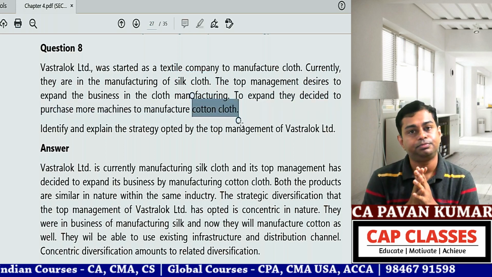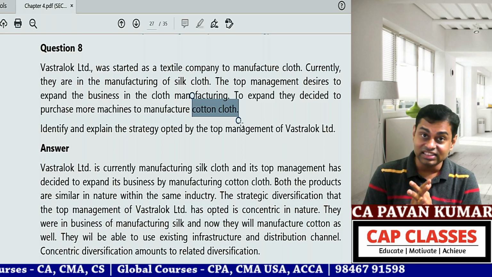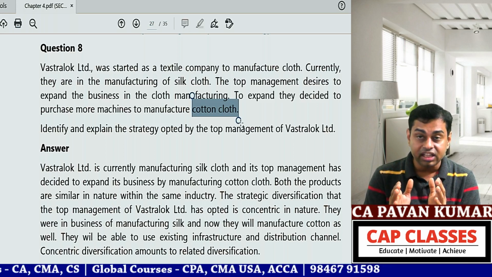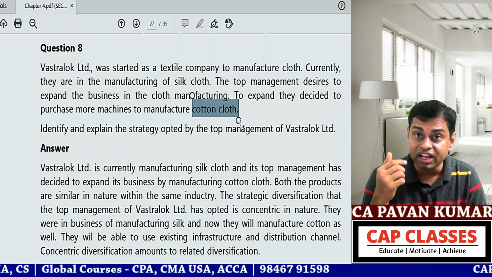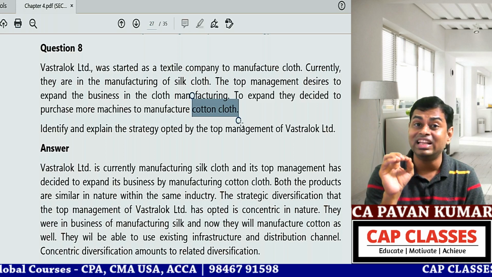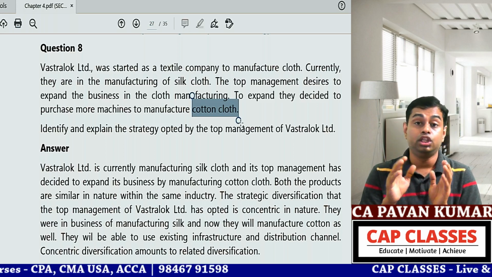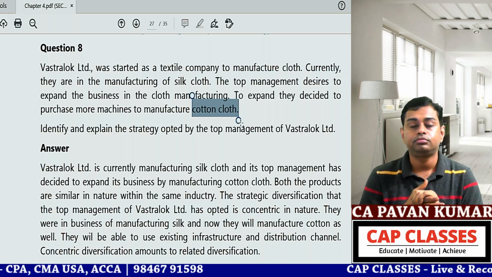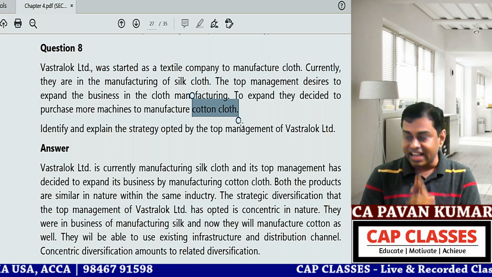Is it an expansion strategy? Yes. Is it intensification? No, because they are not trying to grow in the existing business, existing product, existing markets. They are trying to do something new. So is it diversification? Yes.